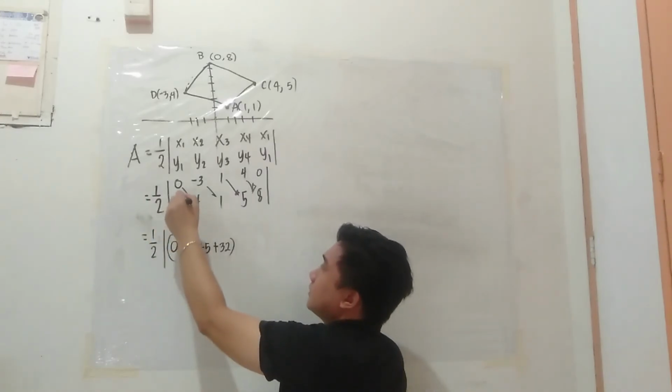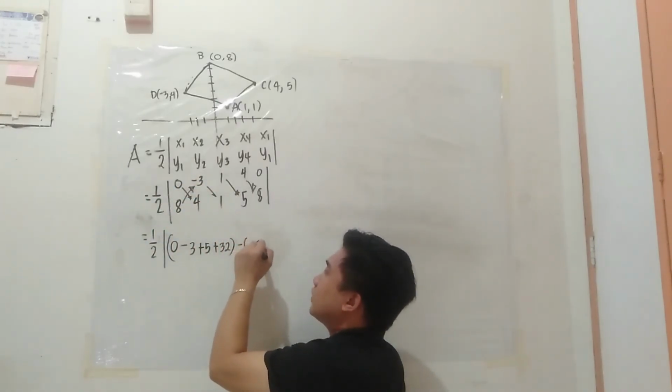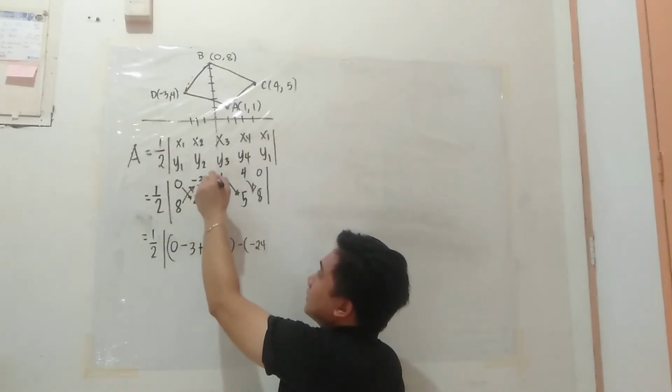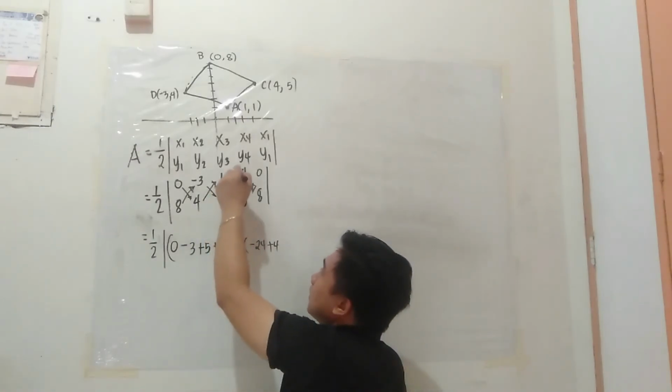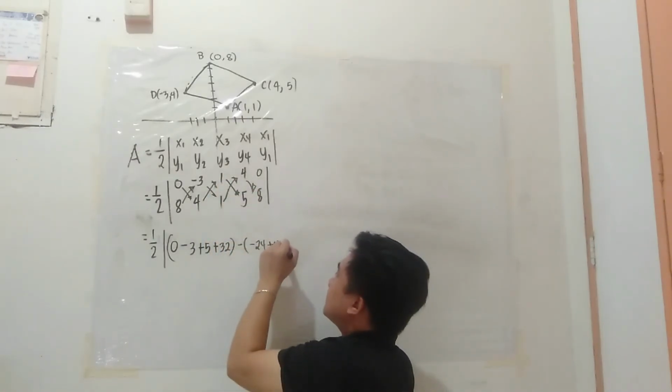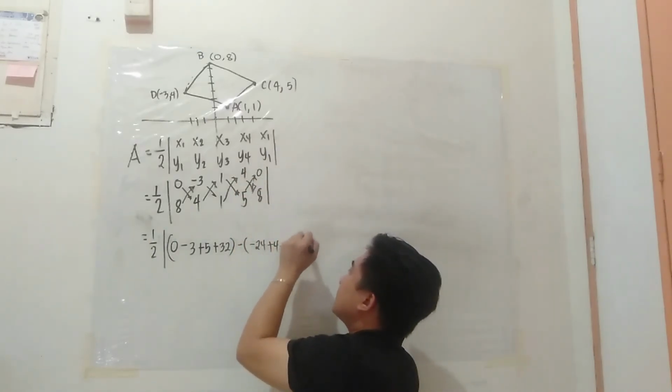And then, 8 times negative 3, that is negative 24. 4 times 1, that is positive 4. 1 times 4, that is also positive 4. 5 times 0, that is 0.